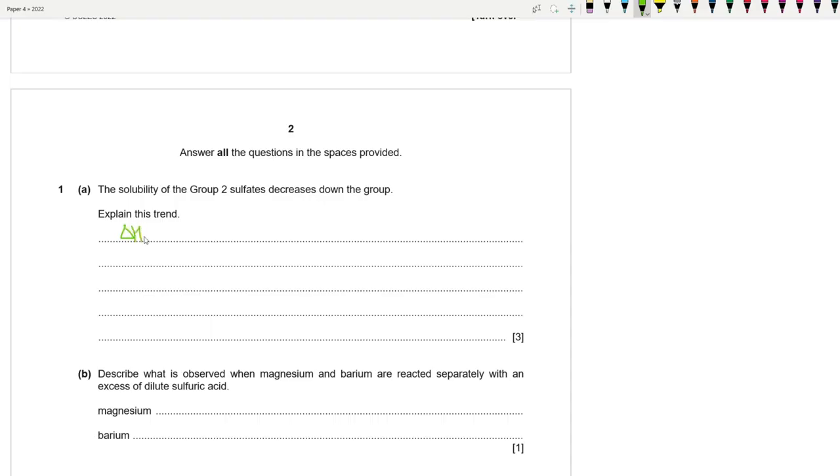So we just have to say that del H lattice and del H hydration, both of them, become less exothermic down the group.